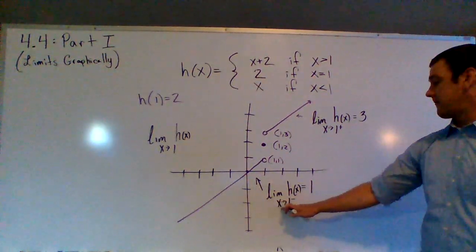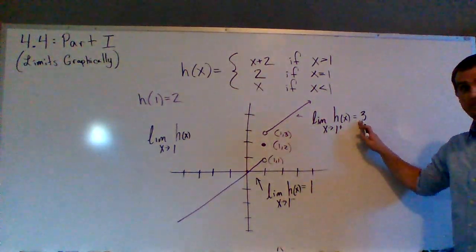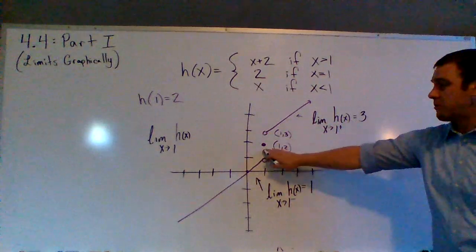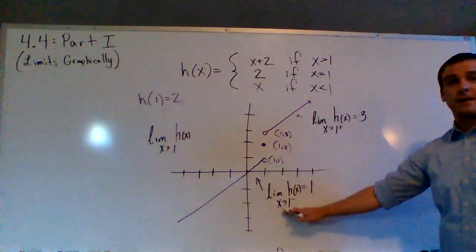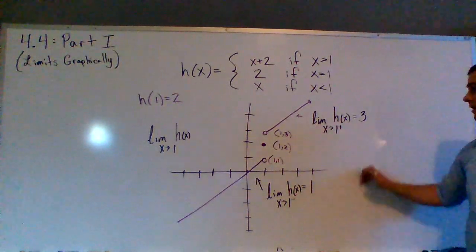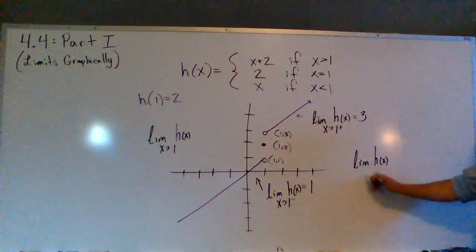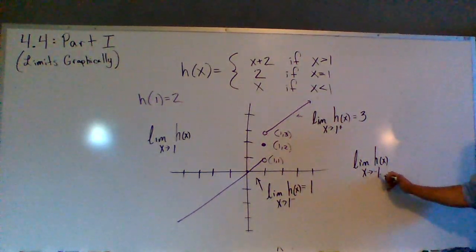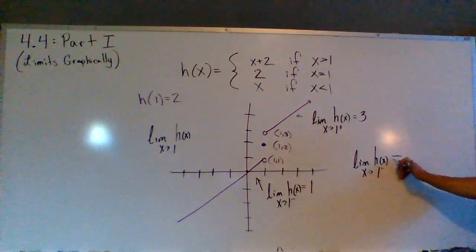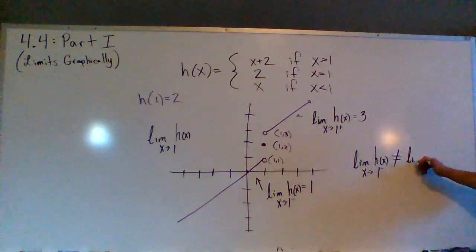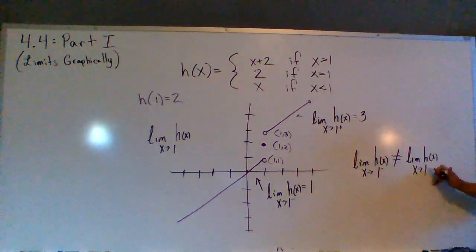So anyways, our left-hand limit equals 1, our right-hand limit equals 3. I don't care about this point at all. All I care about is my left-hand limit and my right-hand limit. My limit of h of x as x approaches 1 from the left does not equal the limit of h of x as x approaches 1 from the right.